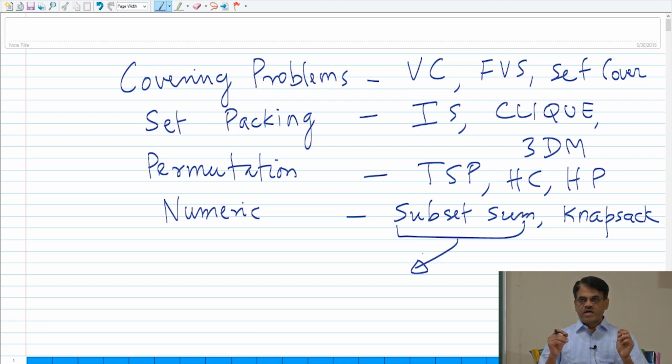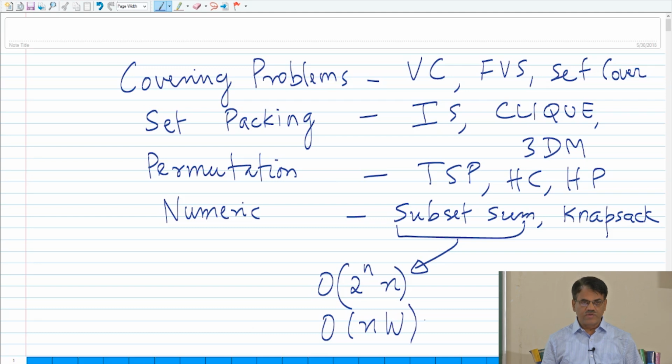You are given a set of items, each item has a weight, and you have a target weight W, and you want to find out, is there a subset of these items whose total weight is exactly equal to W. The maximization version would be, what is the maximum weight you can achieve if you can't achieve exactly W. And we said if there are n items, then there is a trivial 2^n times n algorithm: run through all possible subsets, add their weights and see whether that is W. We also saw a dynamic programming algorithm which takes n times W, where W is the target weight.